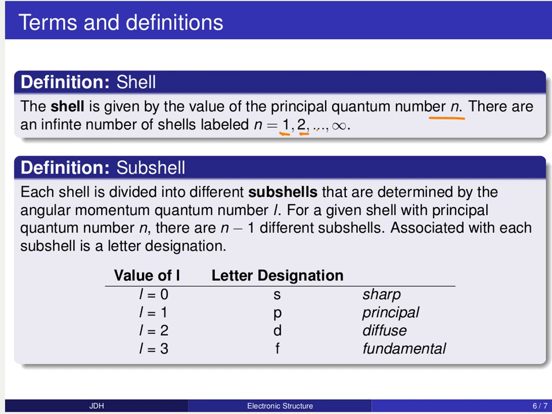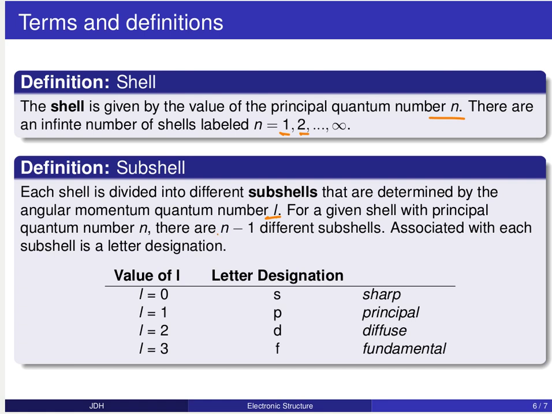Okay, and then when you look at the different values that L can take, we refer to those different values of L and the corresponding orbitals as so-called subshells. Okay, so n determines the shell, L determines the subshell.